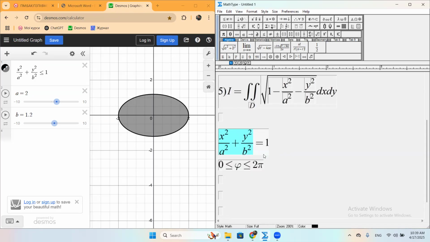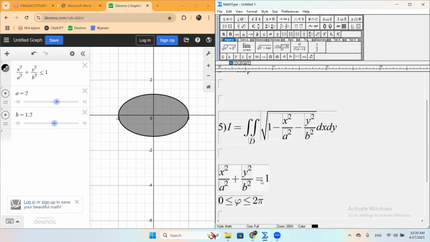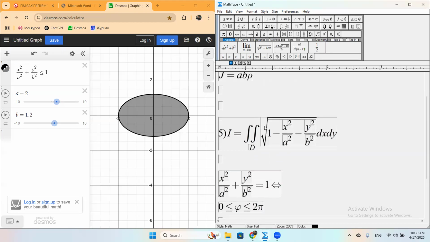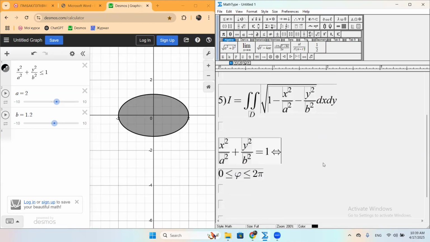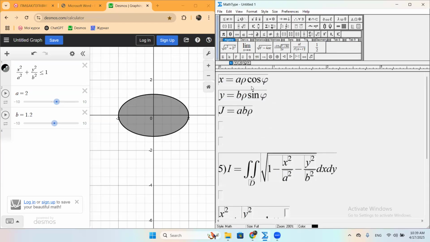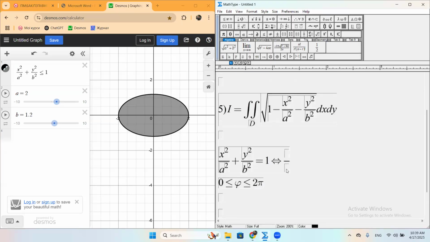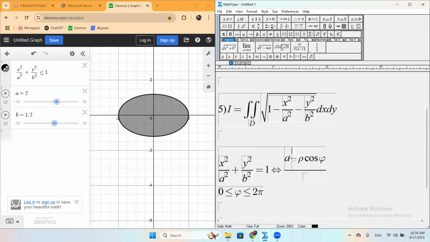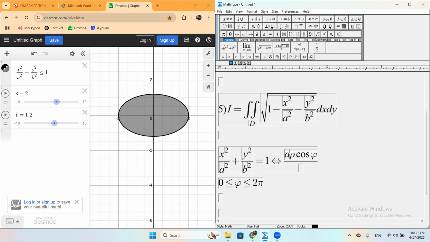And if I substitute this, so now let's substitute these coordinates. Let's substitute generic polar coordinates into this equation, and let's see what we will receive.